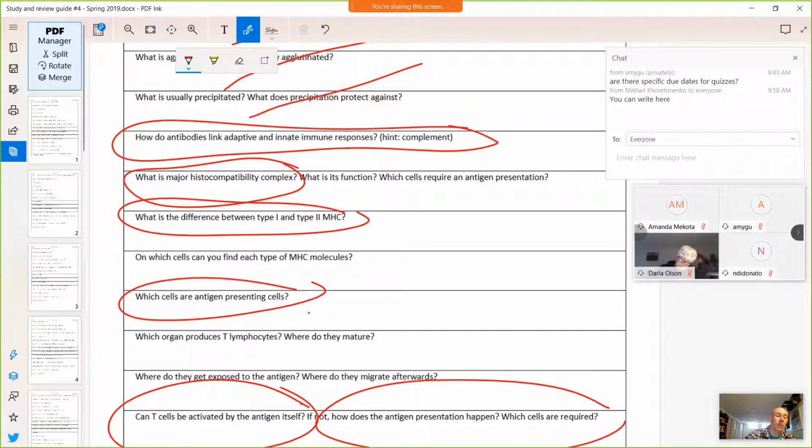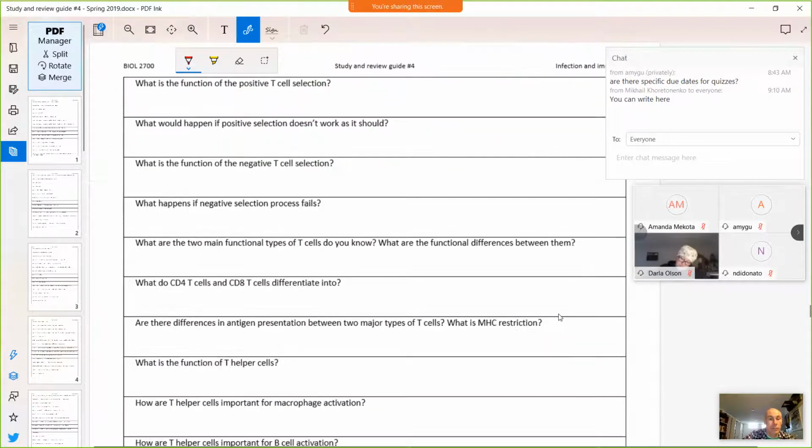T lymphocytes are produced in the bone marrow, mature in the thymus, are exposed to the antigen in lymphoid tissue, and migrate into the circulation afterwards. Positive T cell selection makes sure that T cells can actually recognize, just see, the flags. If they can see MHC proteins, they can recognize MHC.